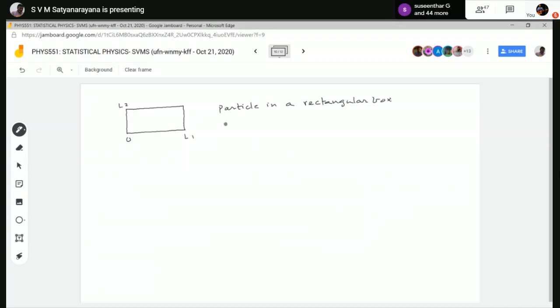Now the energy levels of this particle will depend upon, of course, two quantum numbers n1 and n2, which is given by h bar squared, I am just borrowing the idea from the particle in a box solution, over twice m, into n1 squared by L1 squared plus n2 squared by L2 squared.